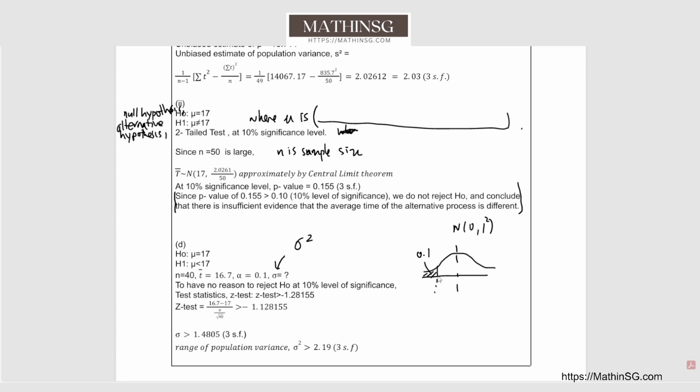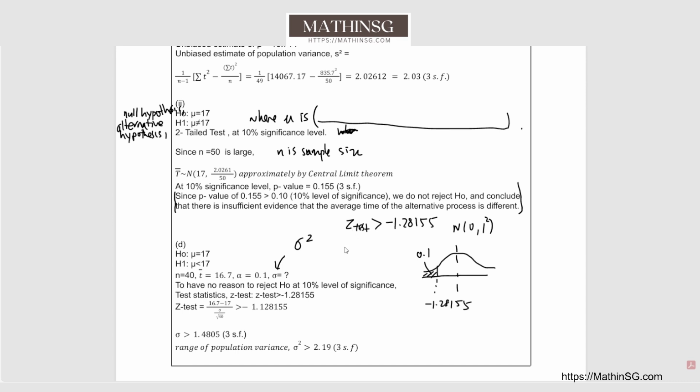You'll find that this value here is negative 1.28155. So in order for us to not reject H0, the z-test mustn't lie within this range. That means z cannot be less than negative 1.28155. In other words, the test statistic must be greater than negative 1.28155.